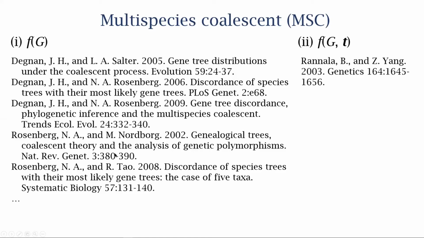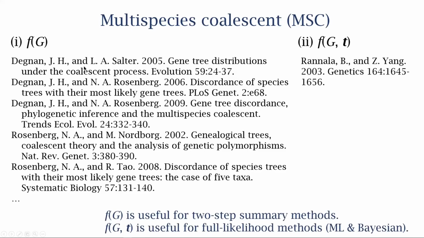So there are certainly more than 10, but perhaps about 20 papers in this area. Another line of research is to give you the joint probability distribution of the topology and also the times. So this turns out to be actually simpler. We had a paper about 20 years ago. F of G, you can perhaps argue, underlies all the summary methods.